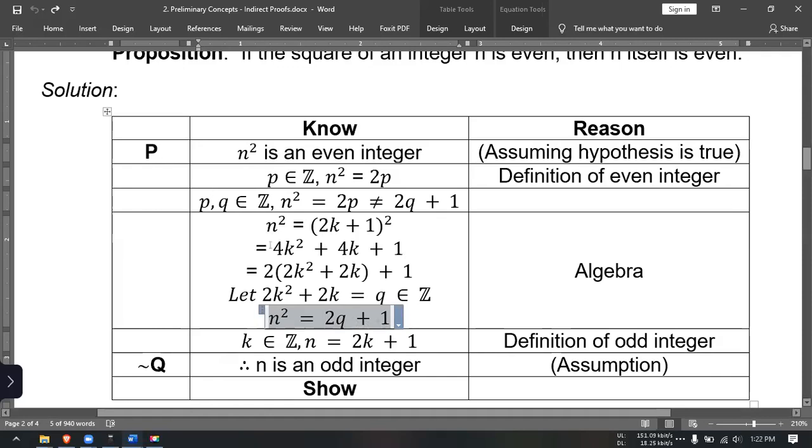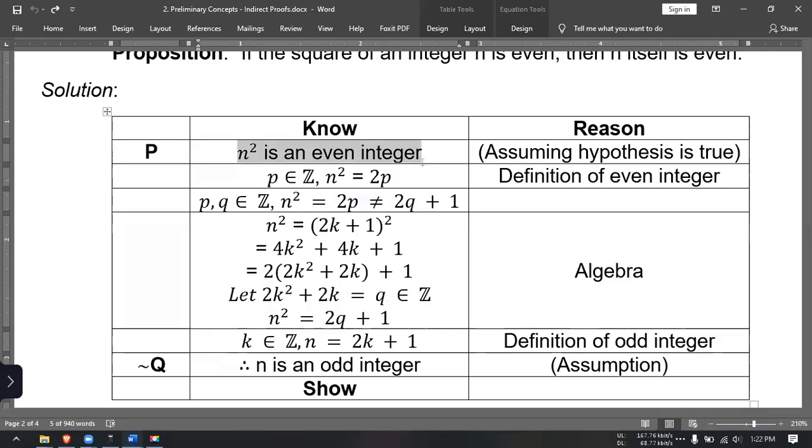So from there, we can say that we have elements p, q, elements of integers, and the n squared that should be even turned out, based on our solution, to be odd. So the solution is not equal to what we want to prove, which is even. Therefore, if that's the case, it's a contradiction.